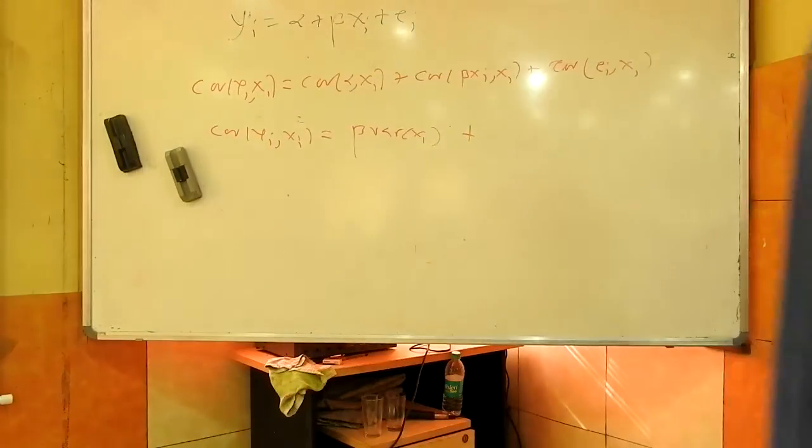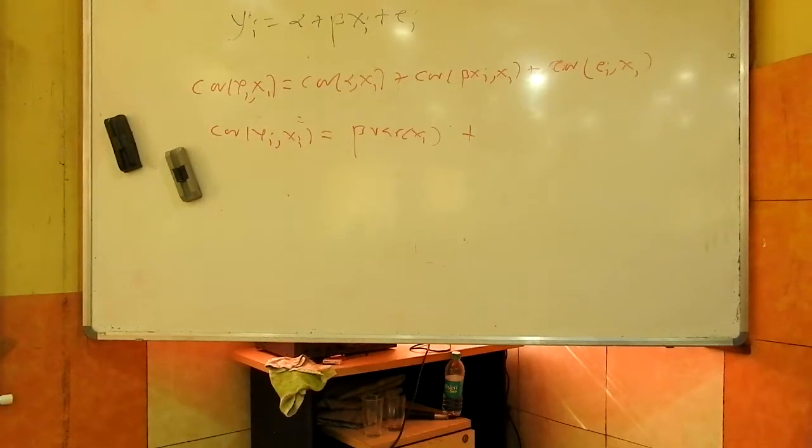Now can you tell me what the covariance of ei with xi is? Why will it be 0? Think again of the 18-year-old example: what is ei and what is xi? Suppose there is a kid who is 18 years old, so the value of x is 18 for that child.